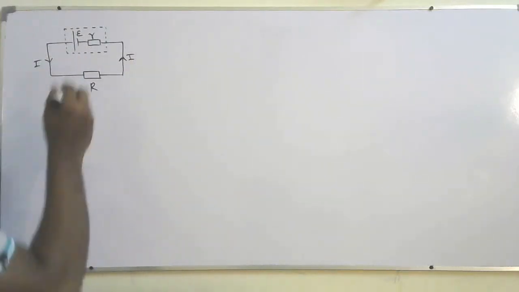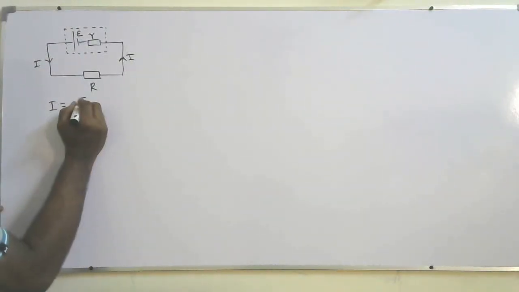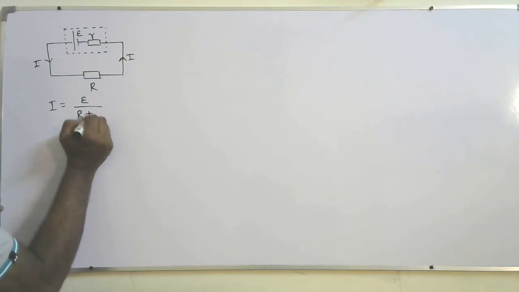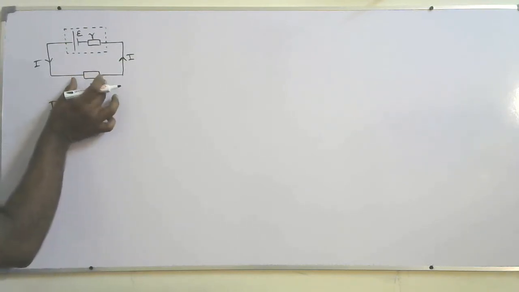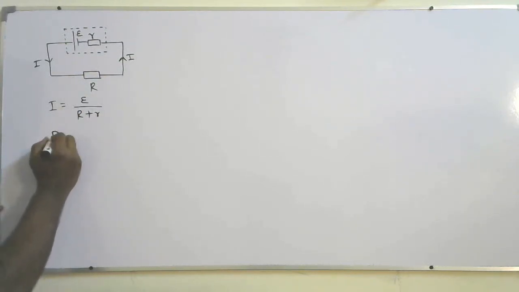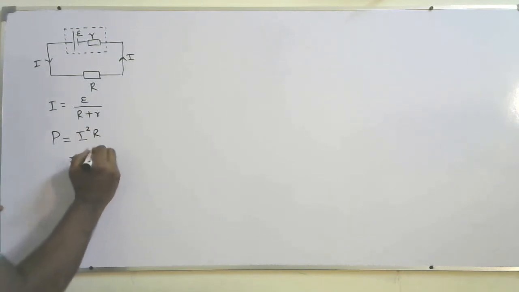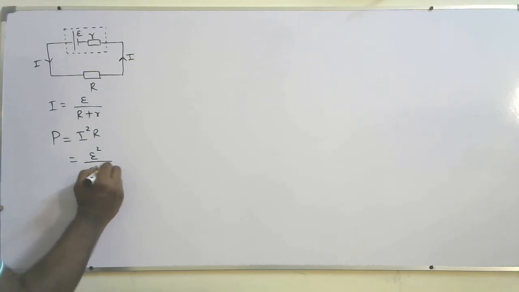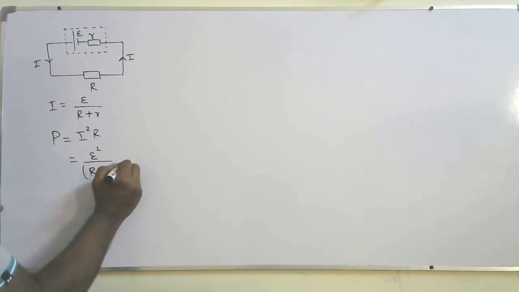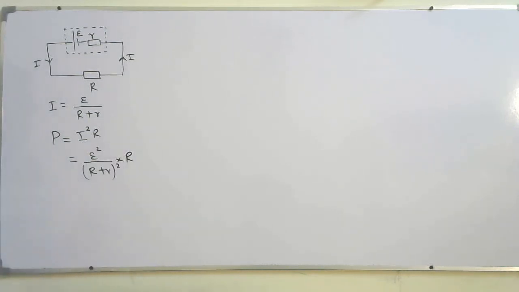Here the current is given by I equal EMF over R plus r. So power supplied to the external circuit is given by P equal I squared R. That is going to be EMF squared over R plus r all squared, into R. So you can see that when R varies, the power is going to vary.